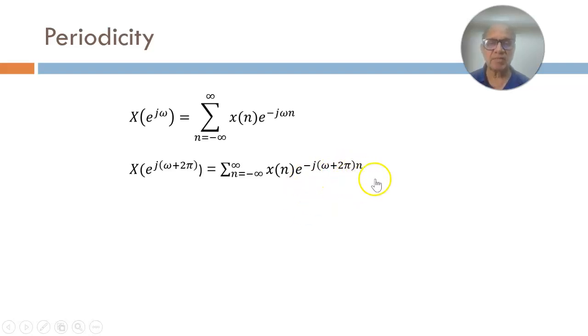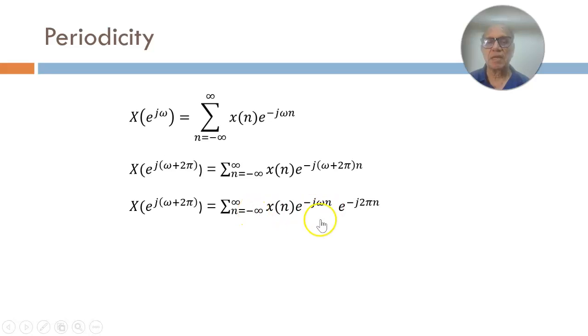And this can be expanded into these two terms, e raised to minus j omega n into e raised to minus j 2 pi n. Now note that n is an integer. Because of that, the phase angle is an integer multiple of 2 pi, which is essentially 0. So e raised to 0 is always 1.